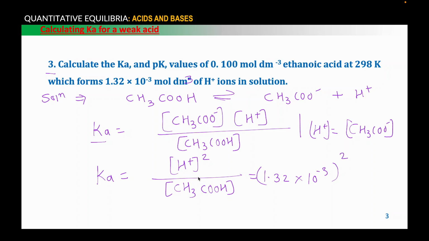Don't forget to write this square, students. Many students forget this square. And divide by 0.1. Calculate this Ka.